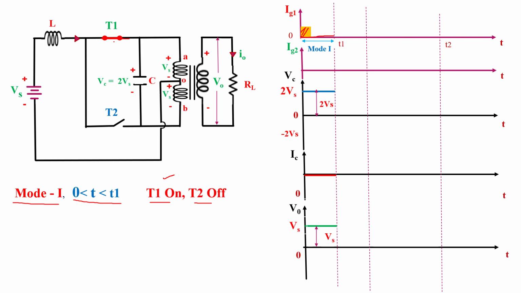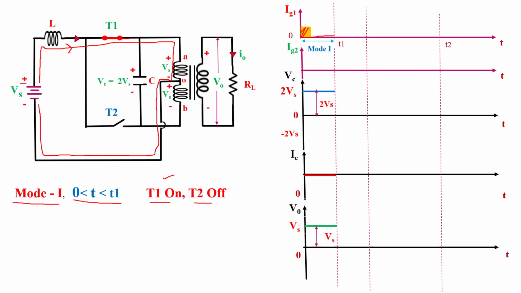When T1 behaves like a short circuit, the current follows this path. We know that current always flows from the positive terminal toward the negative terminal. So the supply current flows from supply voltage Vs, inductor, T1 thyristor, upper part of primary winding AO, and follows this path back to the supply voltage. It means current follows this loop.